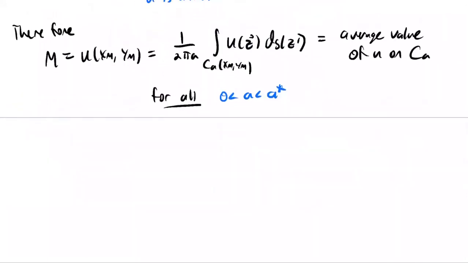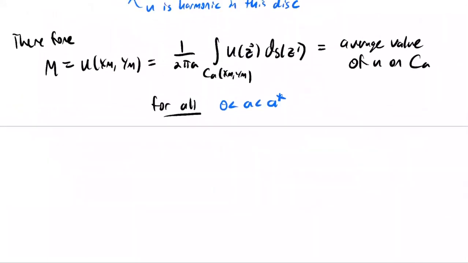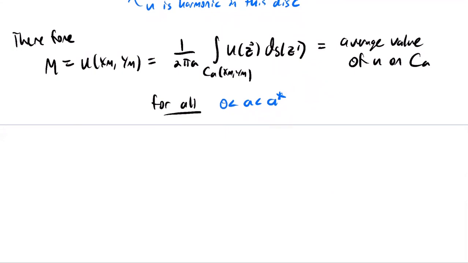Okay, well, what is this going to actually lead us to? Well, let's analyze this a little further. And so I'm going to make a claim here, which we're going to prove.